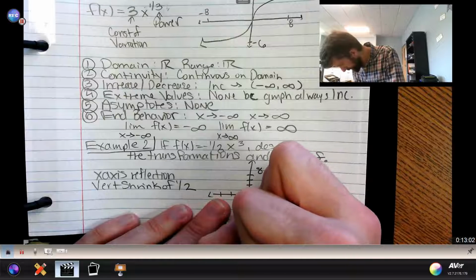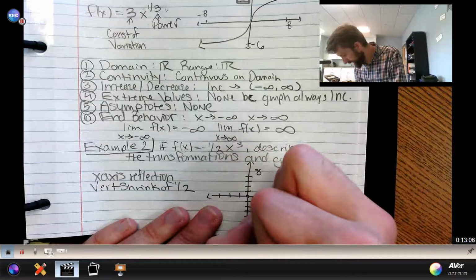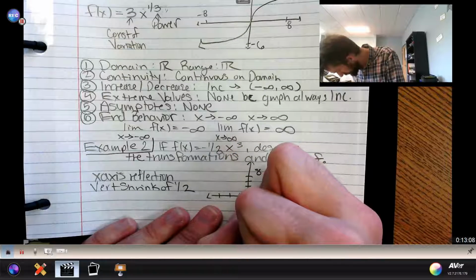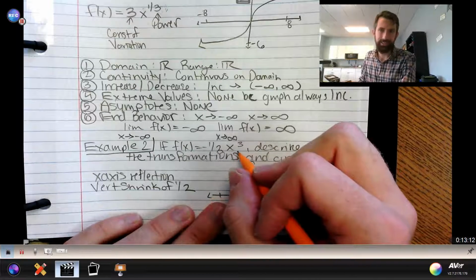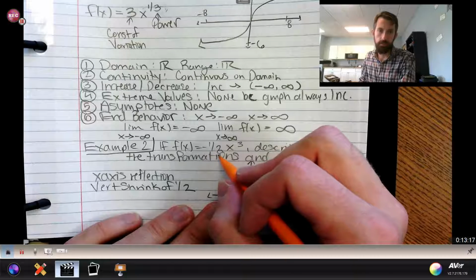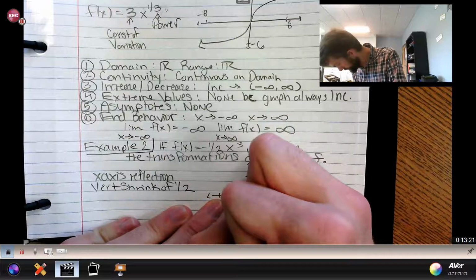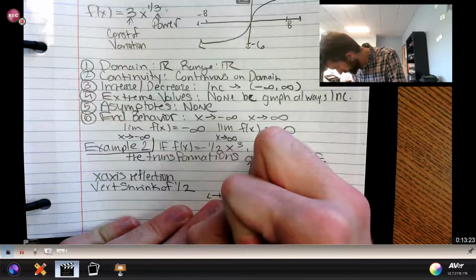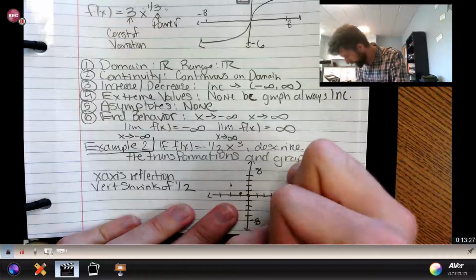So it is going to be, wait, that's negative, negative, oh, positive. So it's going to be right about there. 2 to the third is 8. 8 times negative 1/2 is negative 4. So then it's going to reflect over here.